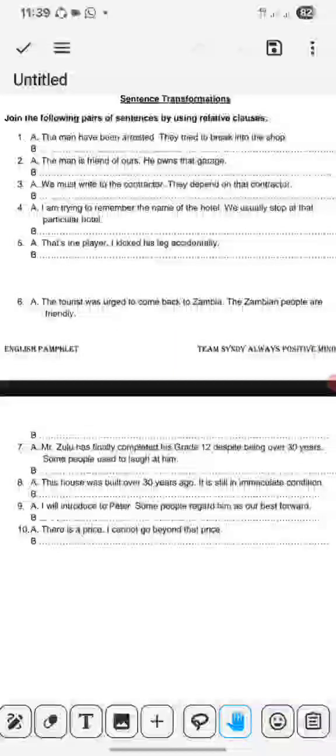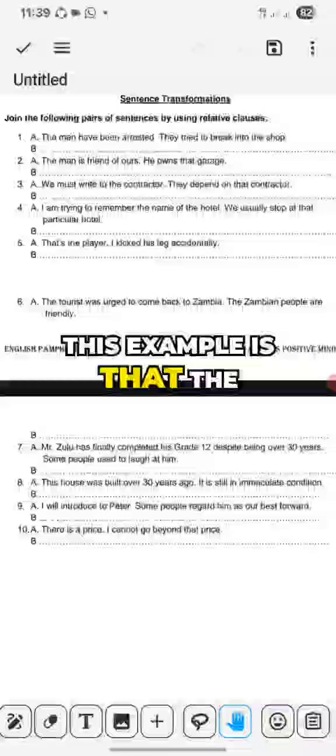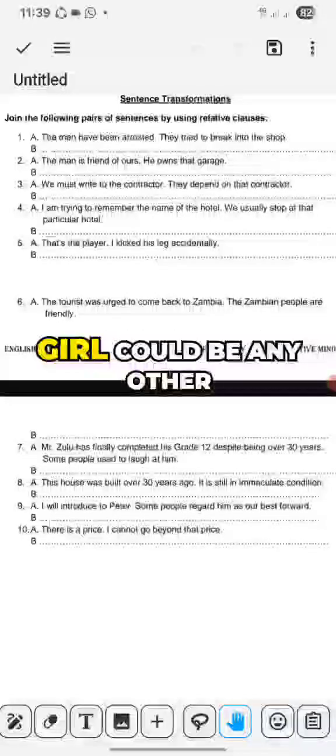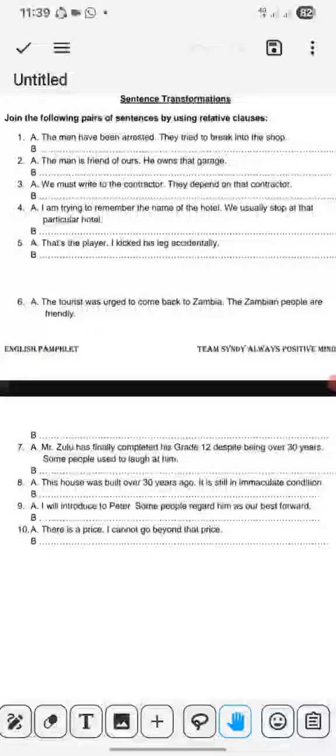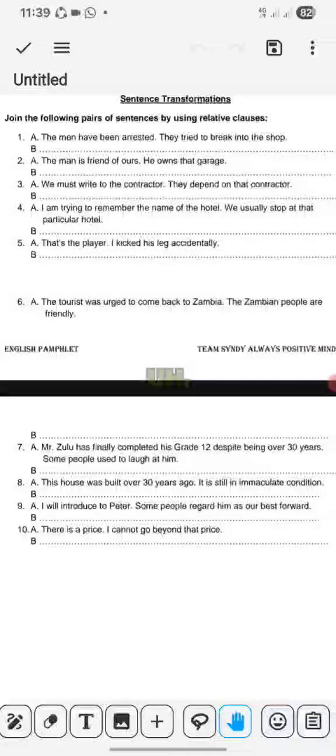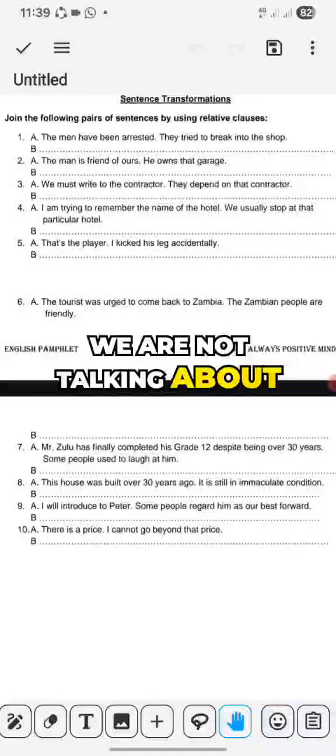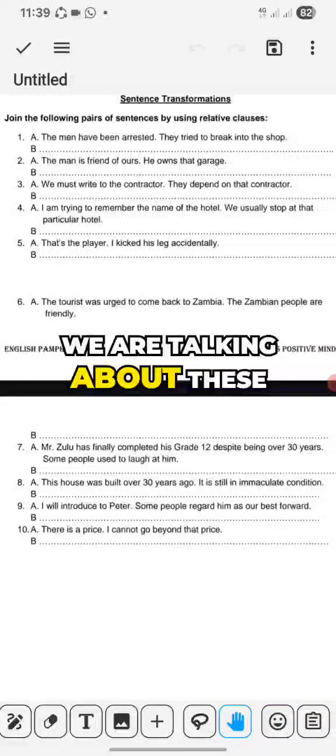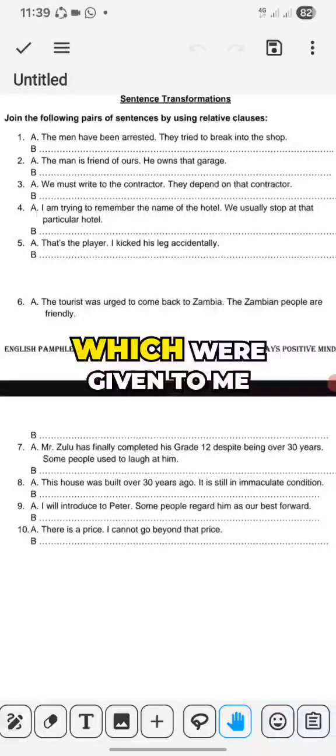If you look at the difference between the first example and this example, the girl could be any other girl, but these shoes are specific. We are not talking about any other shoes, we are talking about these shoes. And which shoes are these? Which were given to me by my aunt. So, do not wear out easily.